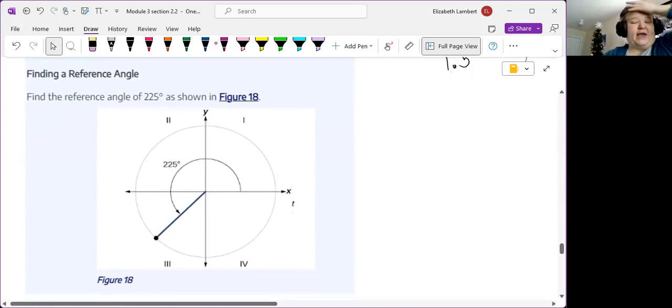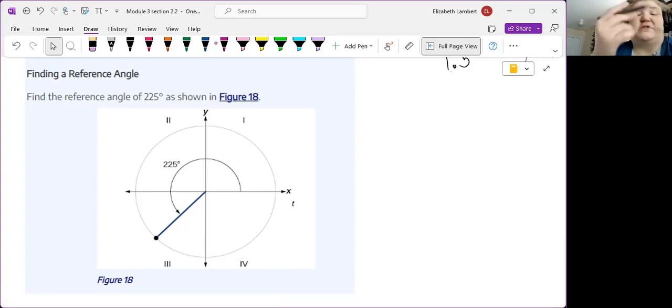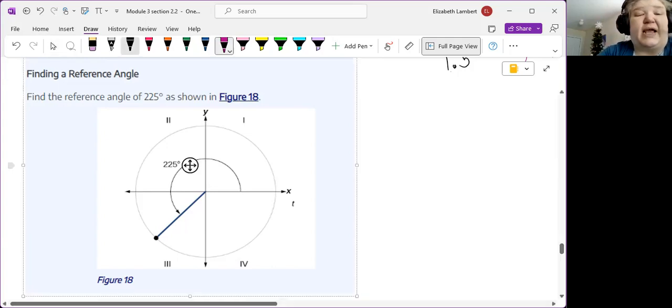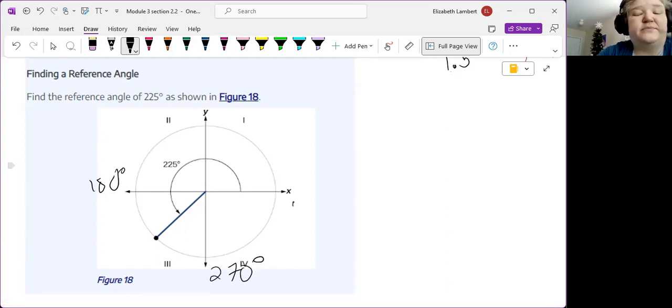All right, this guy, they actually give us a picture of 225, but 225 is between 180 and 270. Now looking at the degrees here, I can see that I have pi radians, or 180 degrees, and then I have a little bit extra.